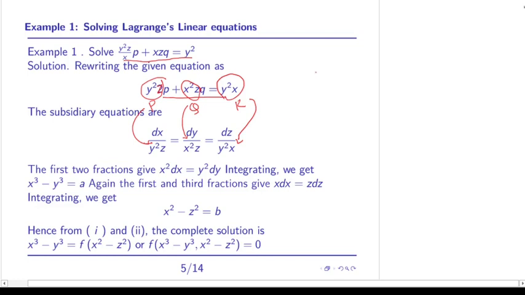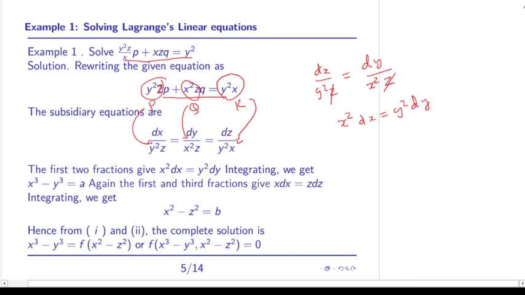Now you can compare or group the first two factors, that is dx by y square z equal to dy by x square z. In this we can cancel z, so what remains is dx by y square equal to dy by x square. Cross multiplying gives x square dx equal to y square dy.